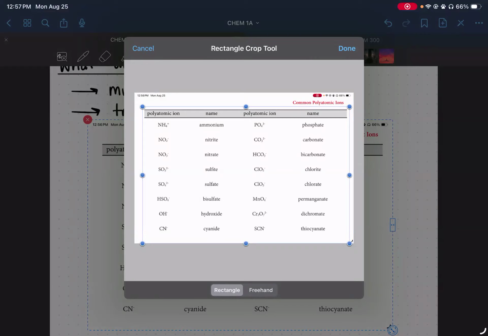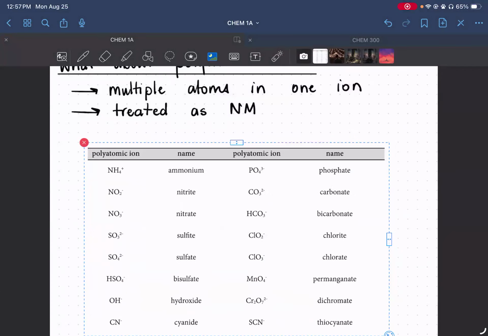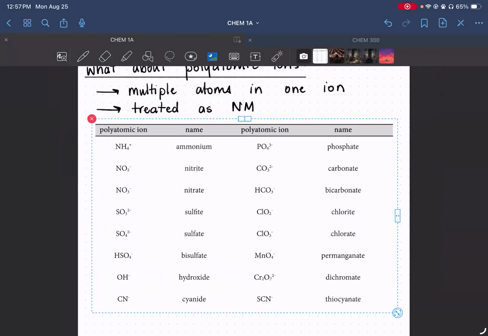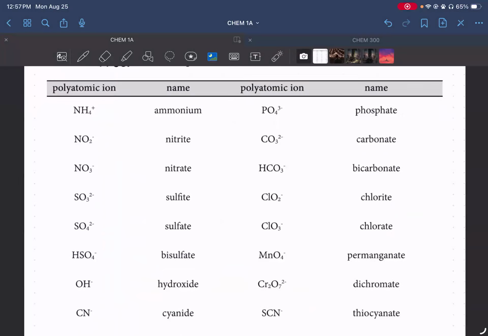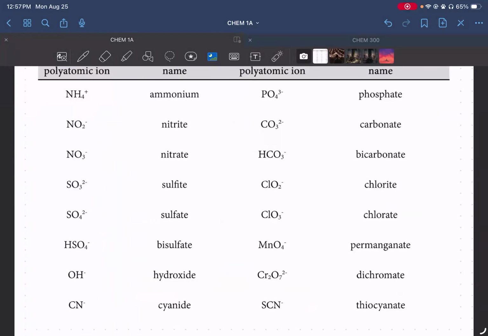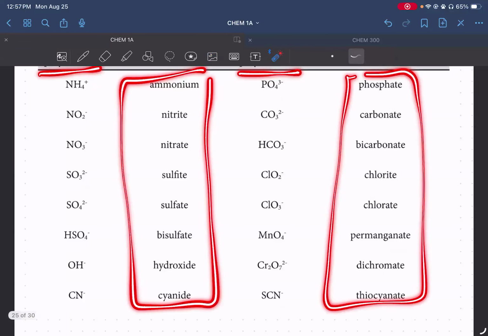I will not be giving you this list as part of the exam booklet. I do recommend spending some quality time attempting to memorize this. You can use Quizlet, Anki, you can test each other, flashcards, whatever. But these are the polyatomic ions I expect you to know for Chem 1A.